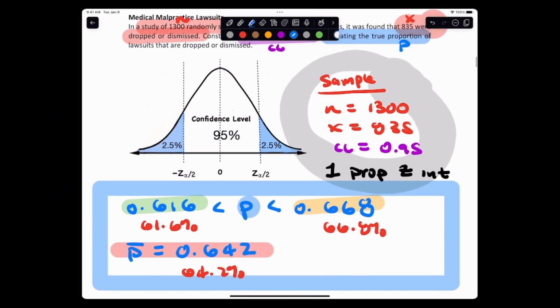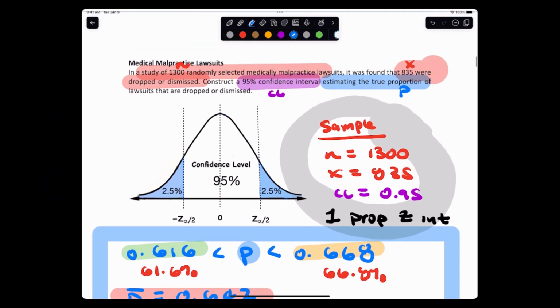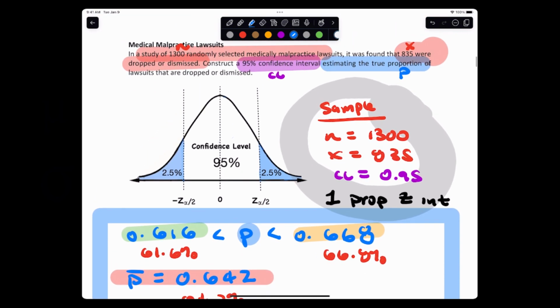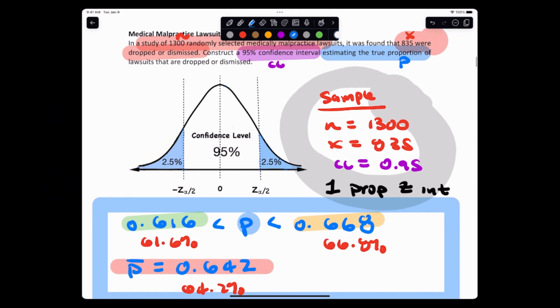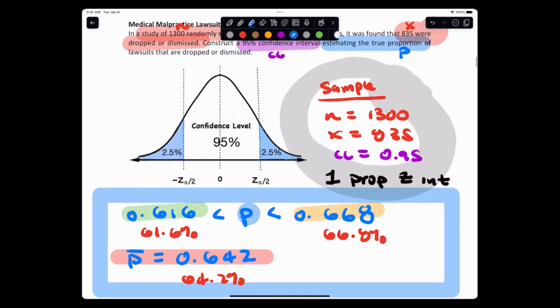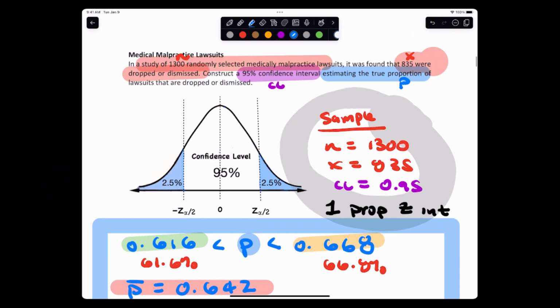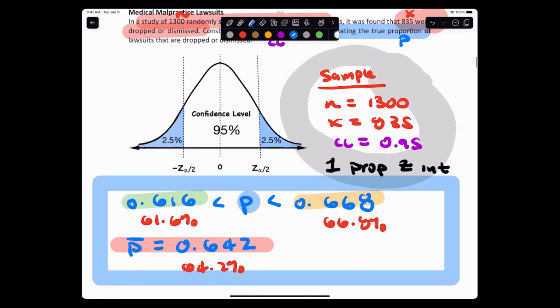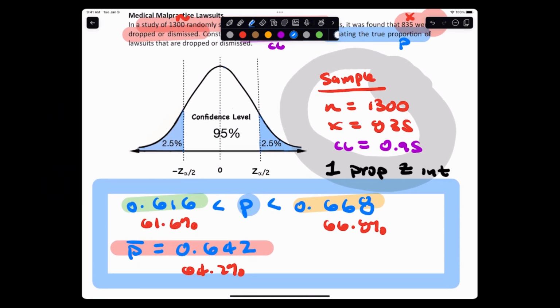You've answered the questions. 61.6% to 66.8%. The true proportion lives between those two numbers. And that's the proportion of lawsuits that are dismissed or dropped. That's an estimate of the true proportion here. What do you guys think? Easy peasy lemon squeezy? Man, that's so wonderful.